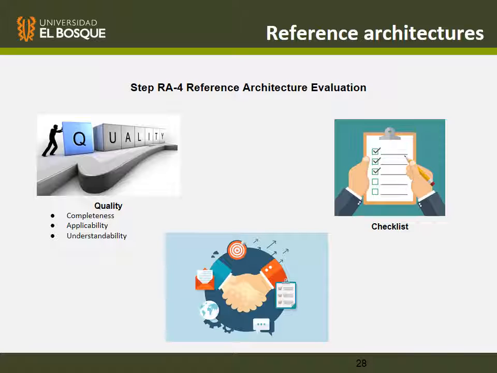It is proposed to use a checklist-based inspection approach in order to evaluate the reference architectures. A checklist corresponds to a list of questions that guide reviewers in detecting defects in documents and, specifically in our work, defects in documents related to the reference architecture design.